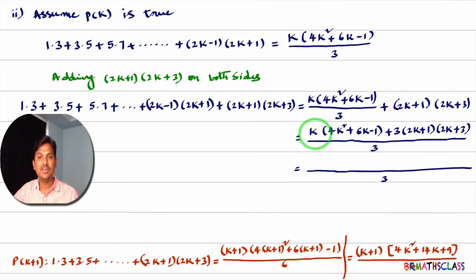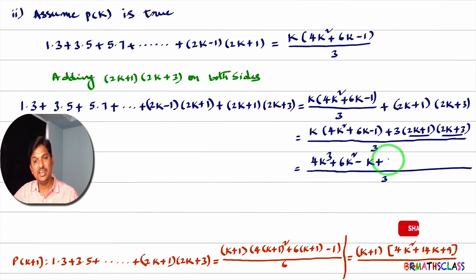Multiply with k. K into 4k square, that is 4k cube plus k into 6k, that is 6k square minus k plus. Now you multiply these two terms and multiply with 3. 2k into 2k is 4k square. 4k square into 3, that is 12k square, plus 2k into 3 is 6k. 6k plus 2k is 8k. 8k into 3 is 24k, plus 1 into 3 is 3. 3 3s are 9.